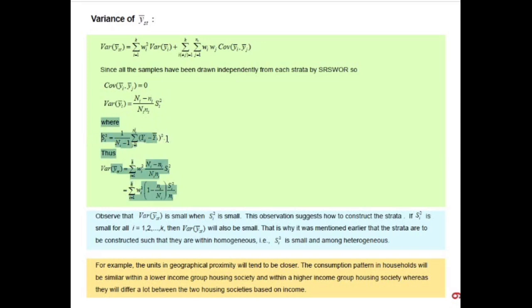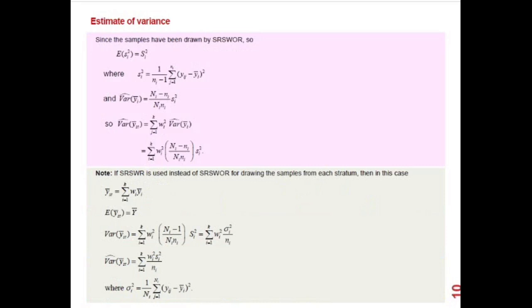You can easily understand this. So this is a very complete picture of the variance. This is one of the formulas which you are going to use. Next, the estimate of variance also.